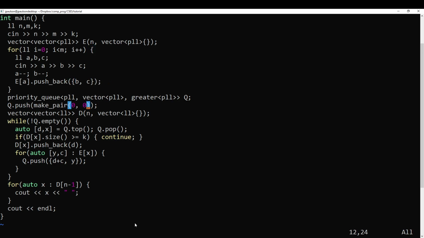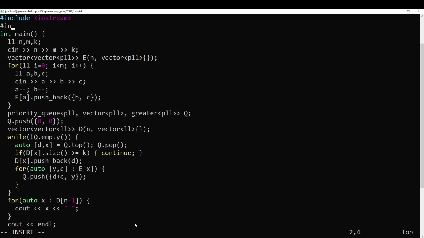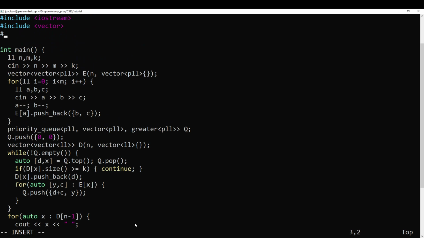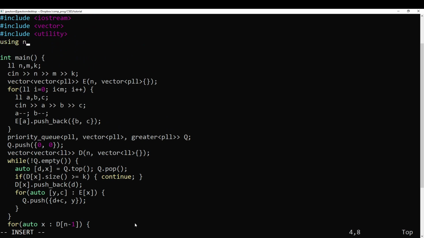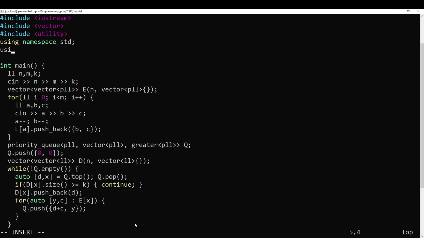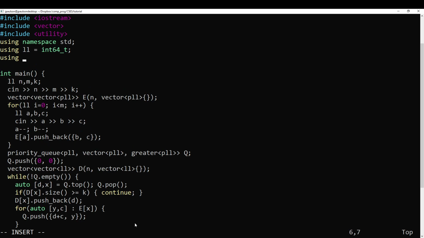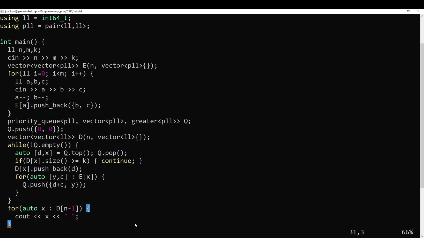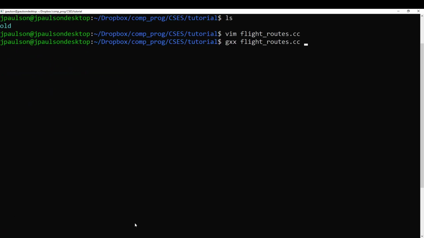Instead of make pair, you can just use braces, maybe a little nicer, so it is shorter. Okay, so we want iostream, we want vector, we want utility, which has the pair stuff, using namespace std, LL, PLL, pair, and that should be it.